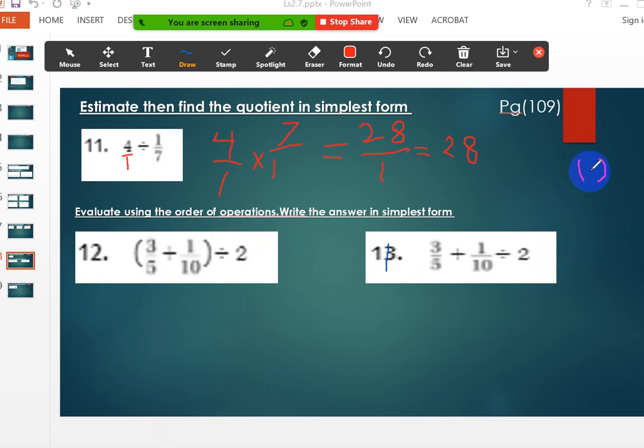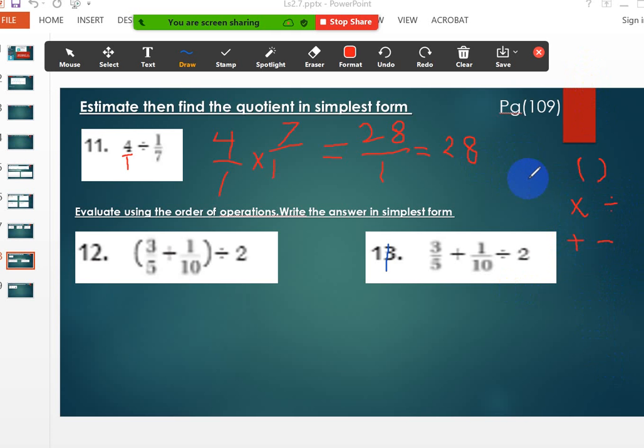After that, I have to do the multiplication and division. And the last thing is plus, or addition and subtraction. So you have to follow this order.